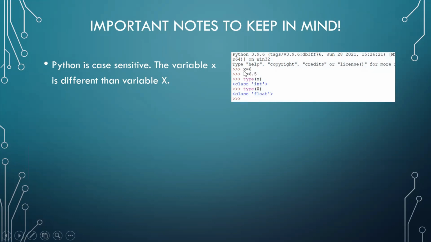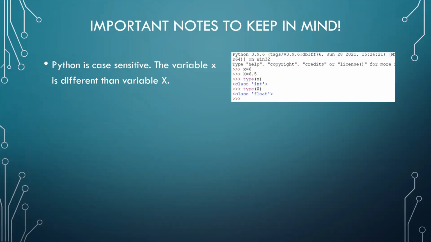Here, as you can see, when I used x equals 6, it gave me integer, and when I used another variable, capital X is 6.5, it told me it's float. You have to take care of this point when working with Python, because if you forget and write something in small or capital letters, it will cause a lot of errors.